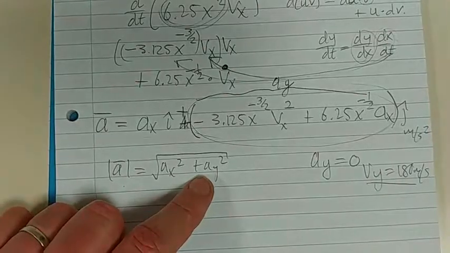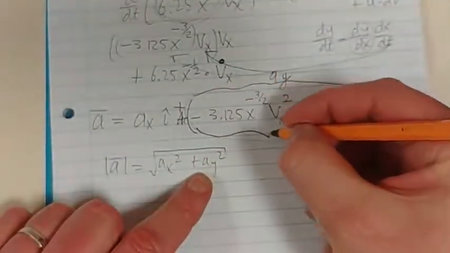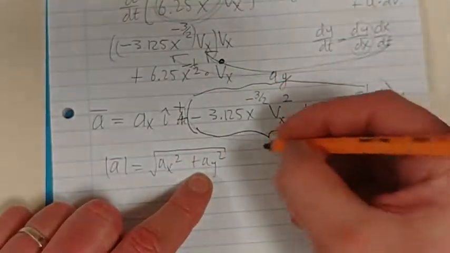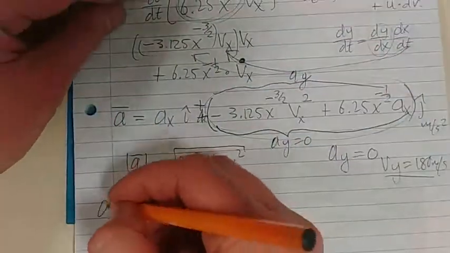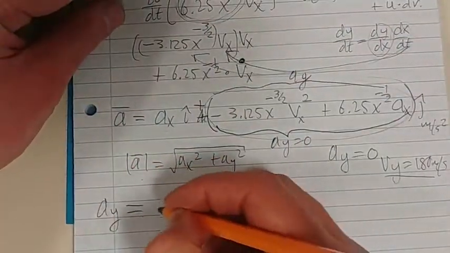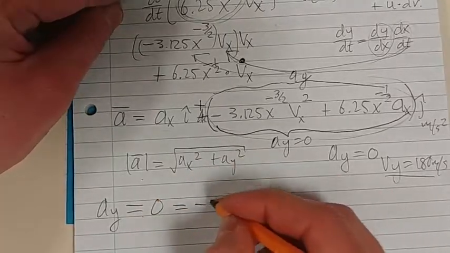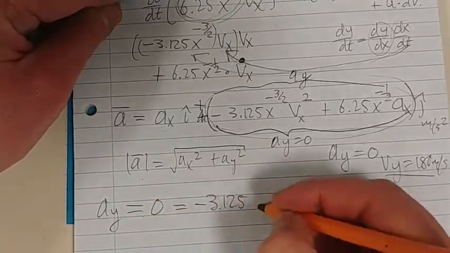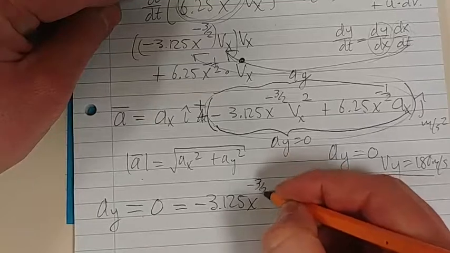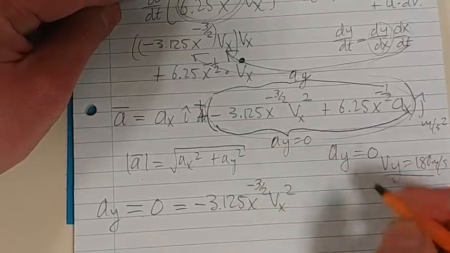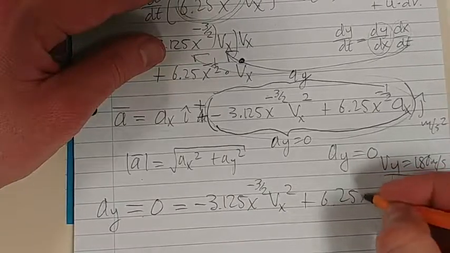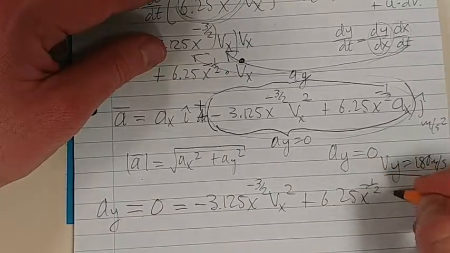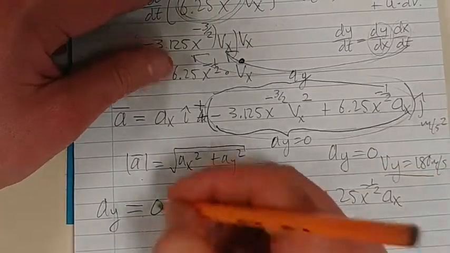It's a constant. So this whole thing, as I just mentioned, is ay, and it equals 0. So ay equals 0 equals minus 3.125 x to the minus 3 over 2 vx squared plus 6.25 x to the minus a half ax.